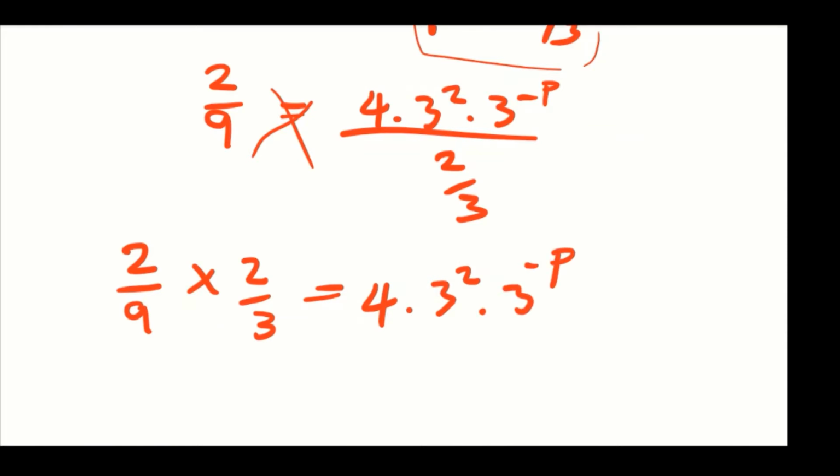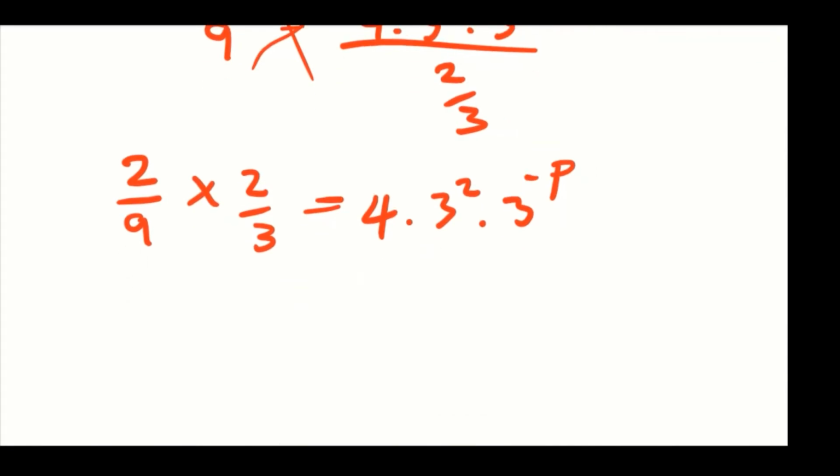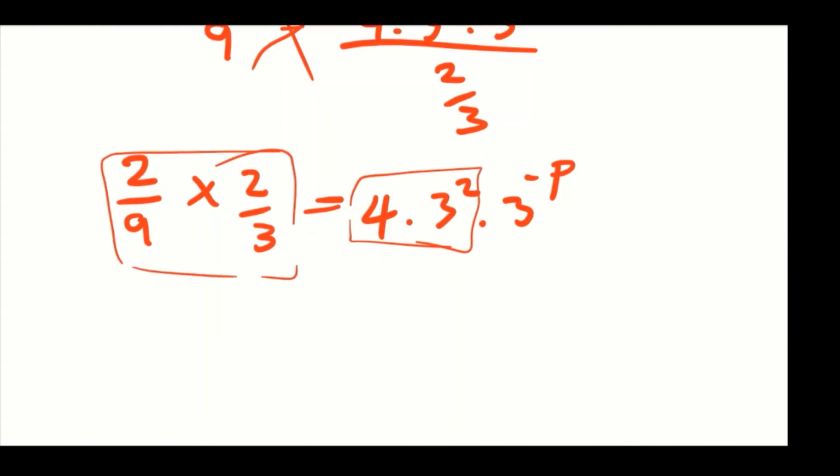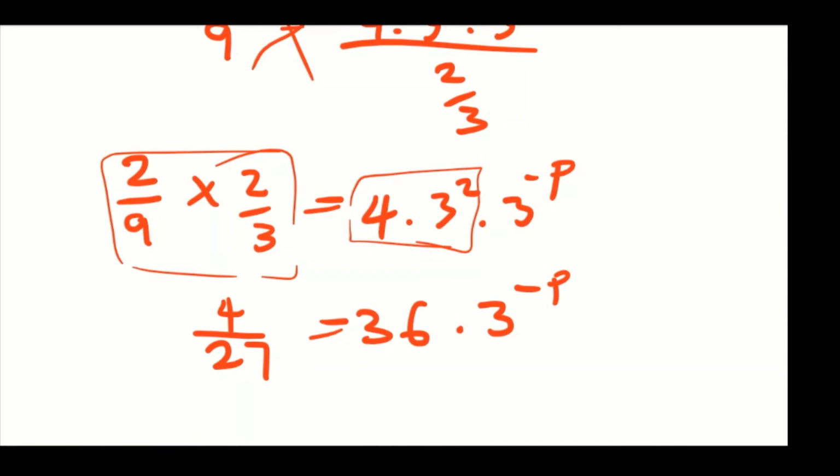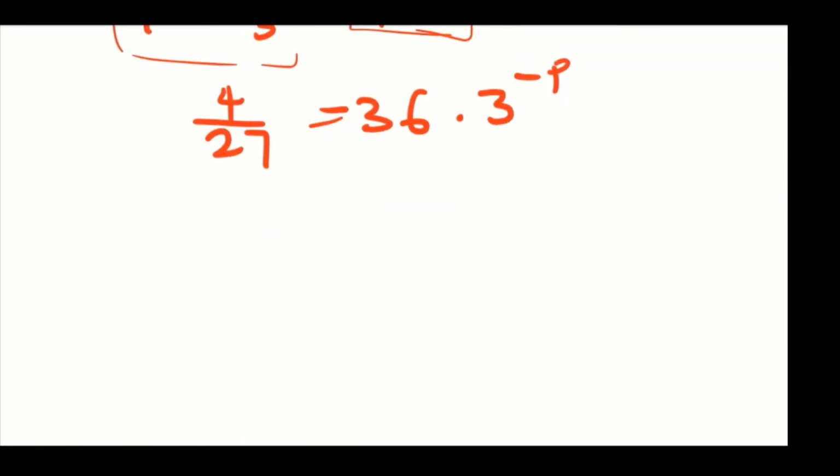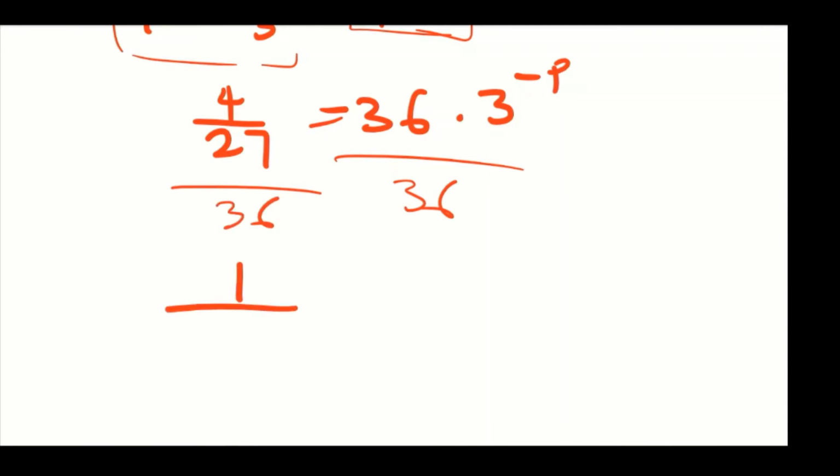If you multiply these two here, and you also multiply these two here, you're going to have 4 over 27 is equal to 36 multiplied by 3 to the power of minus p, right? And then we divide by 36, divide by 36. So you're going to have 1 over 243 is equal to 3 to the power of minus p, right?